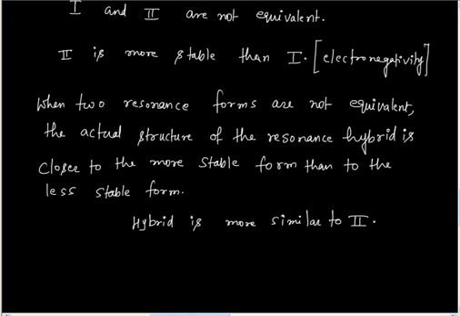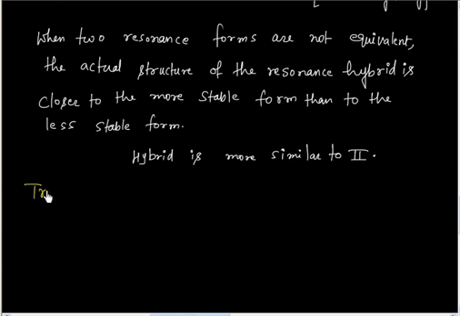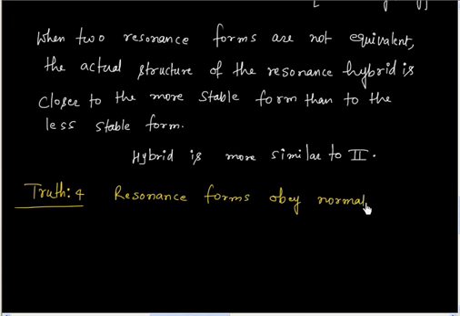The fourth truth we have is that resonance forms obey the normal rules of valency. That is the octet rule.